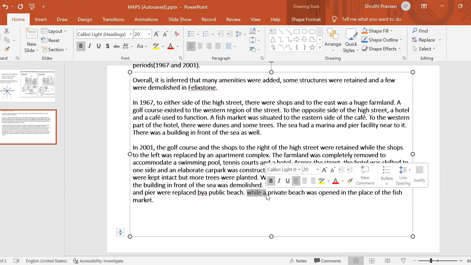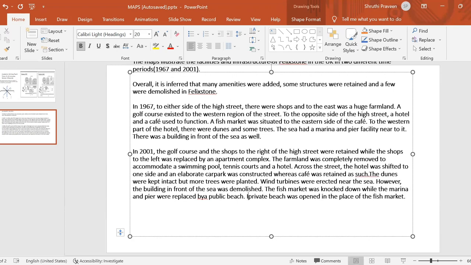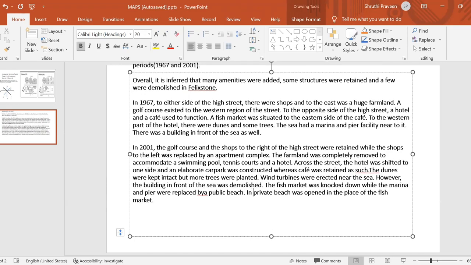Okay, let me just add on to the sentence. In addition to this, a private beach was opened in the place of the fish market.